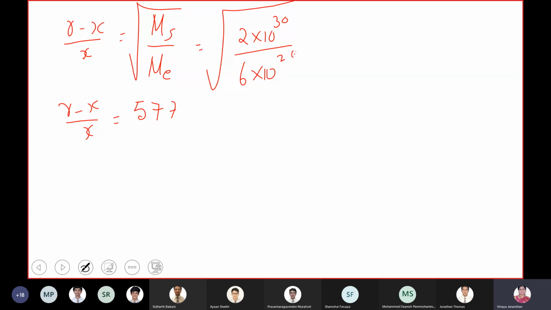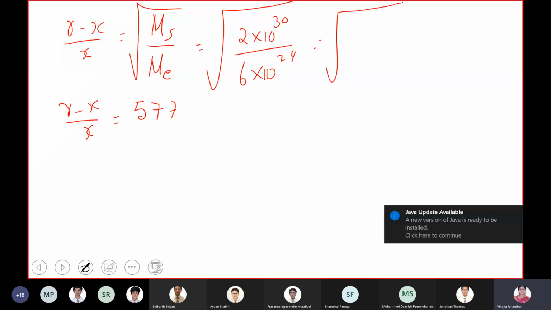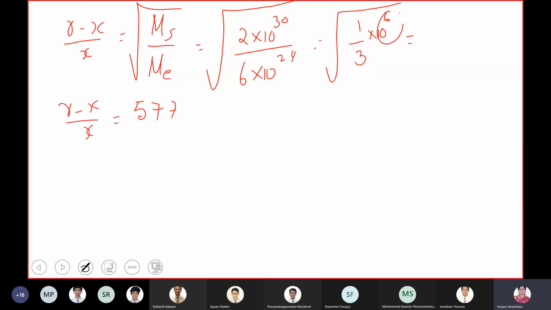Okay. So that comes to be 1 by 3 into 10 to the power of 6. So I can take 10 to the power of 6 outside the square bracket, correct? By root 3. So in that case, 10 to the power of 3, I can write it as 1000 divided by 1.732 because root 3 value is 1.732.